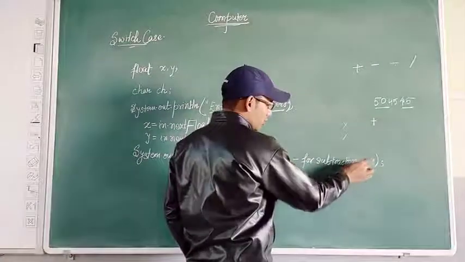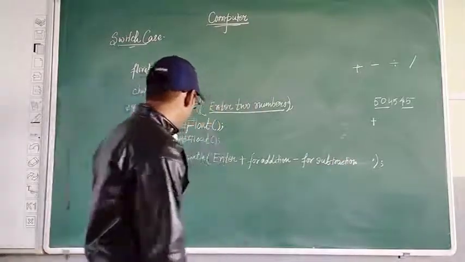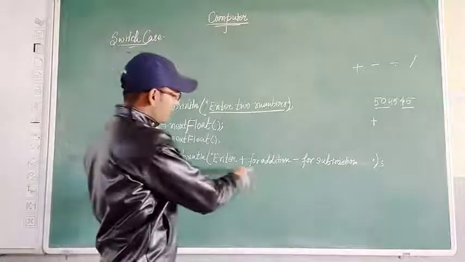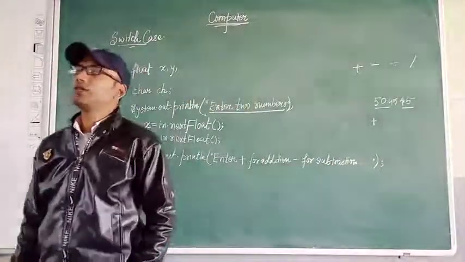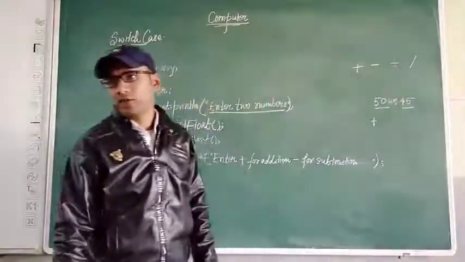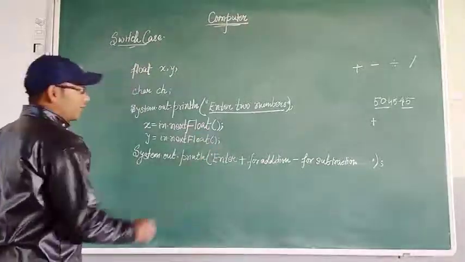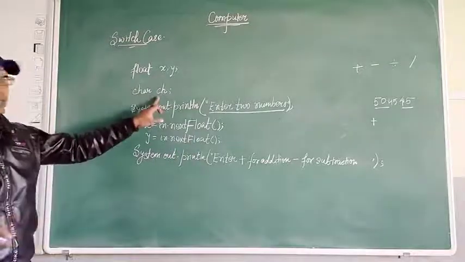This you are supposed to write in this part. Okay. Now, as soon as the user sees this line, definitely he or she will enter one of these four options. Any individual character he or she will enter. After that, that particular character is supposed to get inside ch.